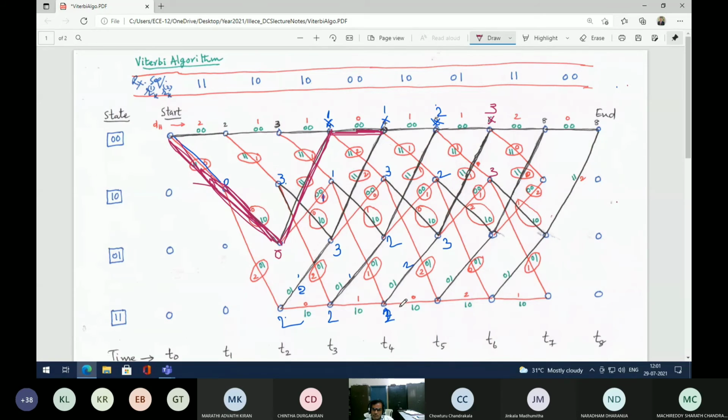But when you come this way, you will get 2 here. If I add here, what's its value? 0, 1, 0, 1, it's 0, so you will get 2. So we'll get 2 here. Other than this, I have to go this way. Then I have to come this way because this is the minimum path.